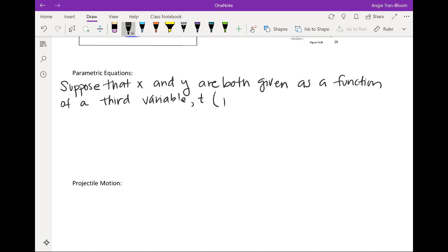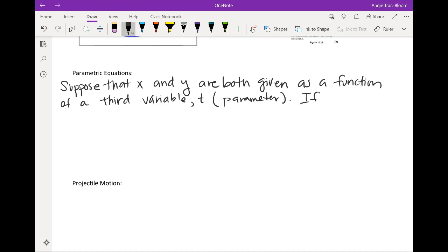And t is actually not called a variable, it's called a parameter. Okay. So, as you can see, just a preview a minute ago, you have an x equals and a y equals, and both x and y have a third input of t.